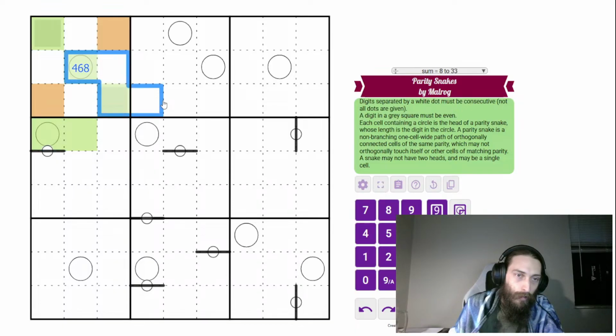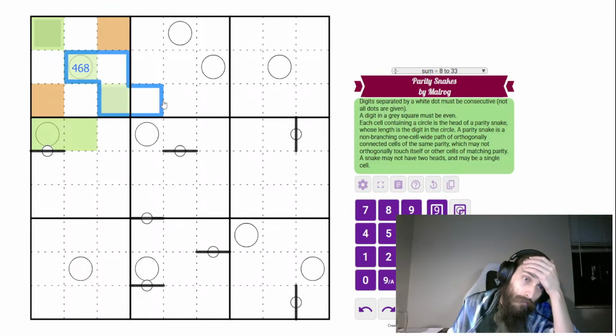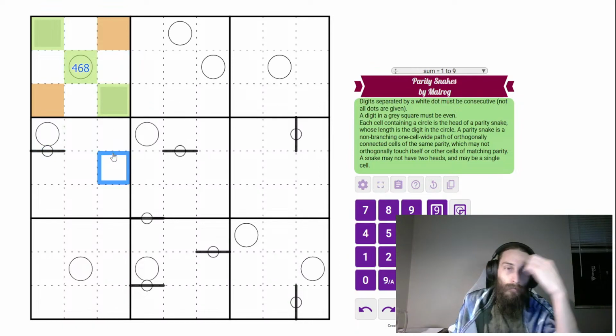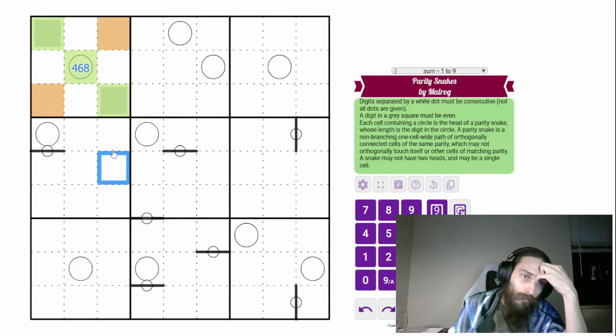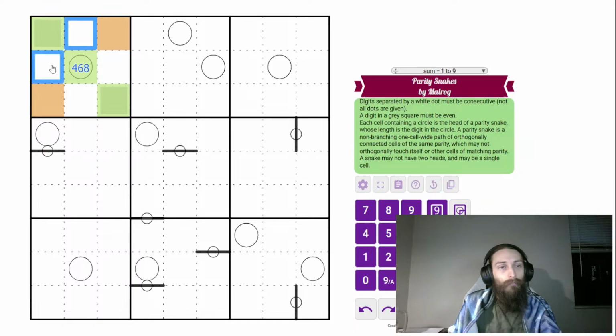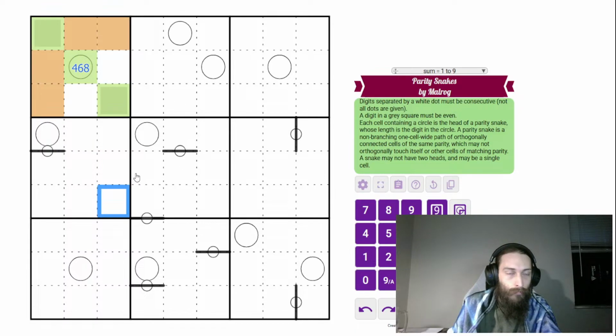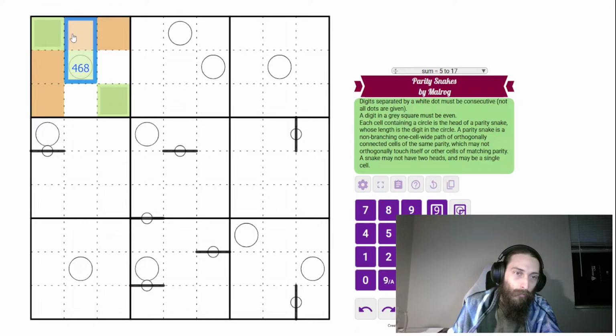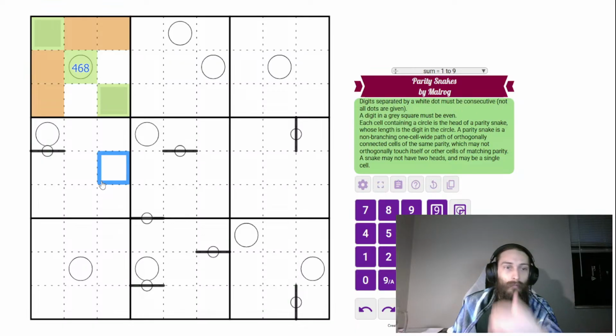But this could go like that and be just fine, and that could be length 2. So I don't know if we're forced there. Well, and in box 1, yeah, because it has to connect to this one. Because if it connected to this one, we would run out of space. And if it went that way, it would branch, and if it went that way, it would branch. It's all sorts of discombobulated.